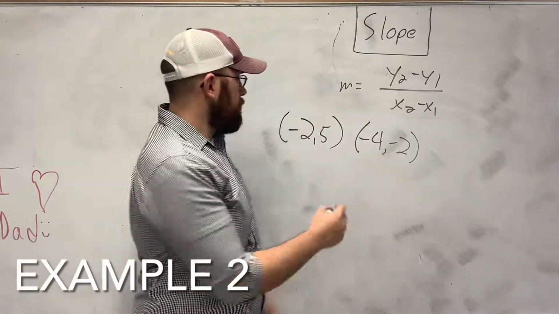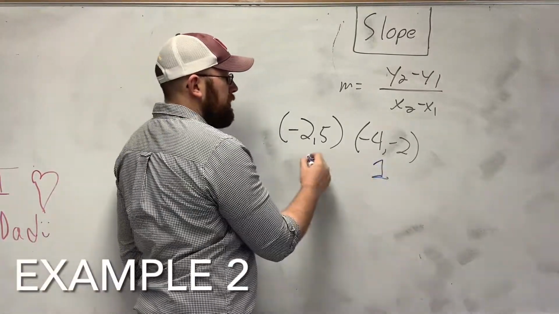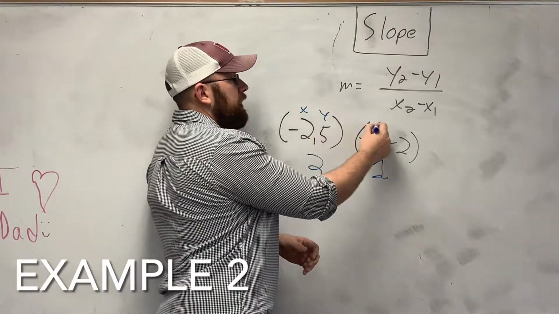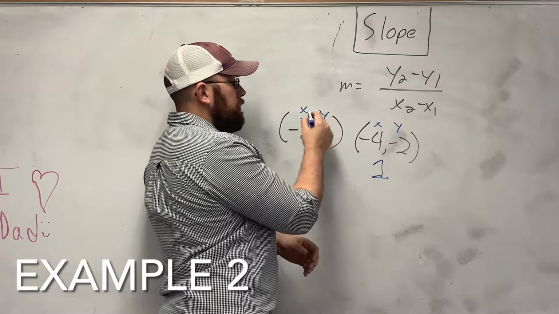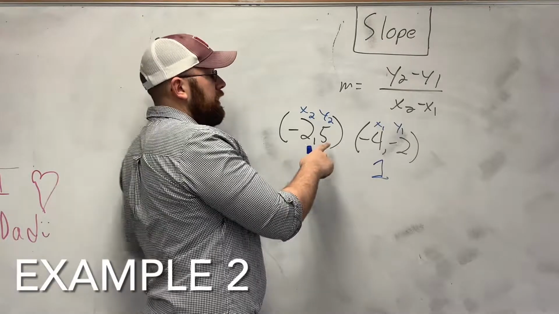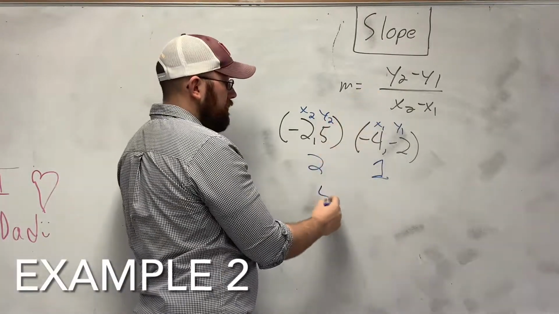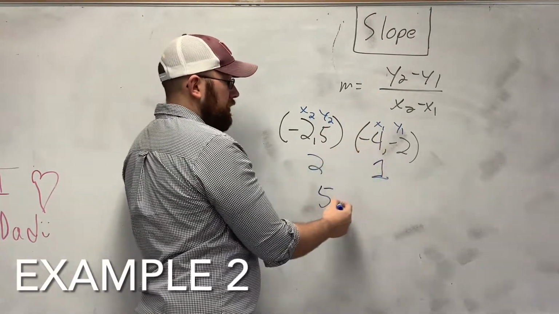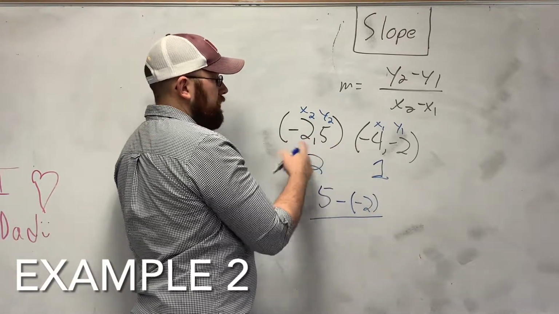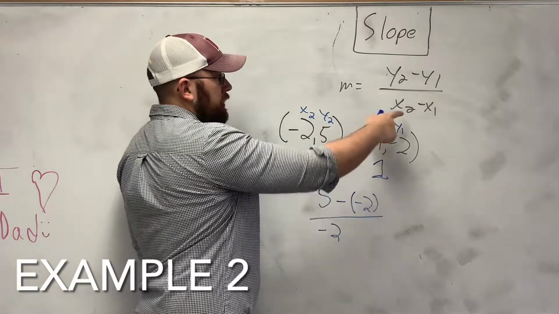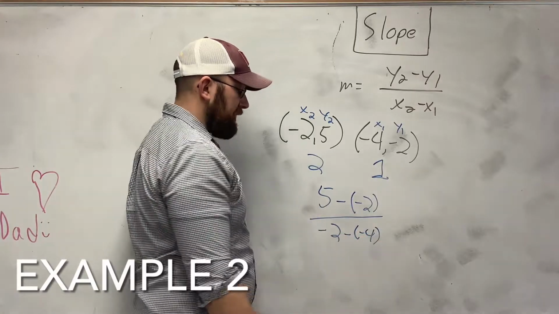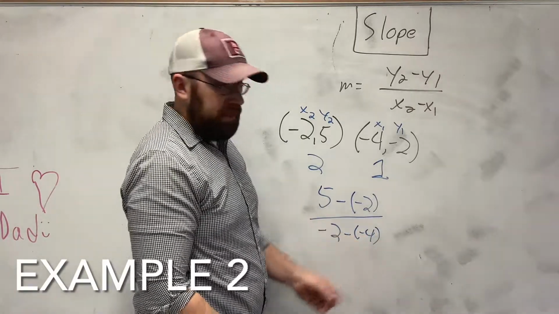Alright, another example. I'm going to label this one 1 this time and this one 2. It really doesn't matter. x y, x y. This is my 2, so I give it a little subscript 2, give that a little subscript 1. Now I plug everything in. So my y2 is 5, my y1 is -2, my x2 is -2, and my x1 is -4. You might be asking me, why do you have parentheses around the negatives?